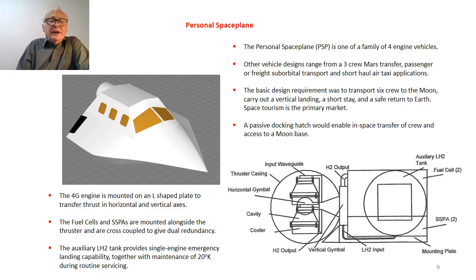The fuel cells and SSPAs are mounted alongside the thruster, and in the case of this manned vehicle, they are completely cross-coupled to give good redundancy, such that the idea is that in a single engine emergency capability, you'll get an emergency landing using the auxiliary hydrogen thrust, the auxiliary liquid hydrogen tank, which is mounted alongside the engine itself.